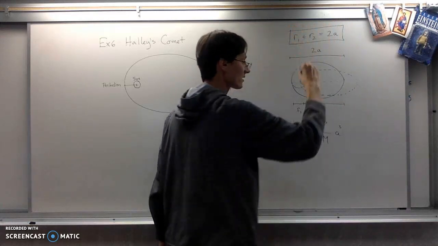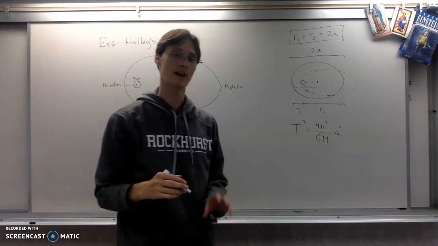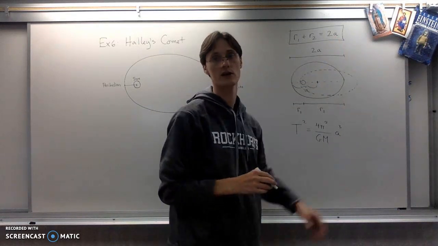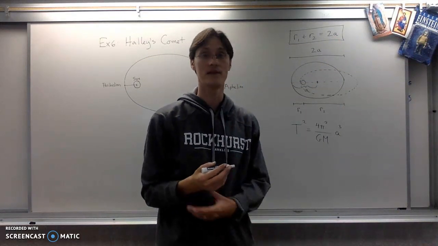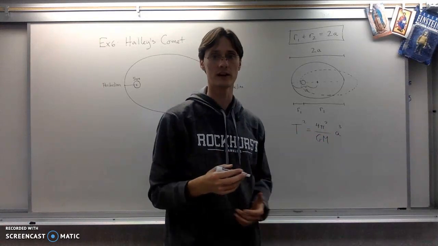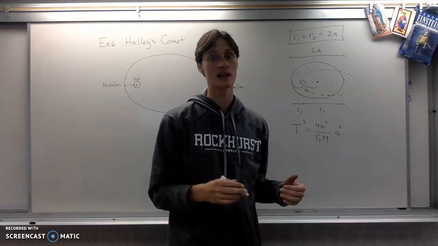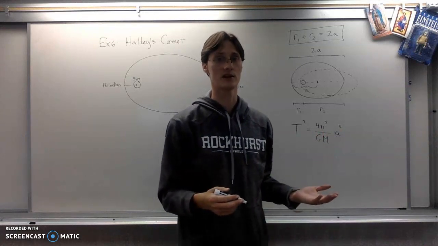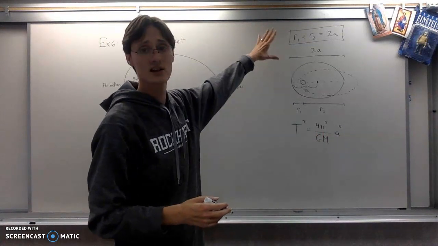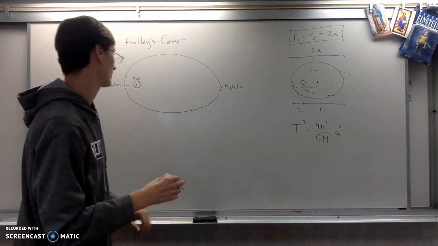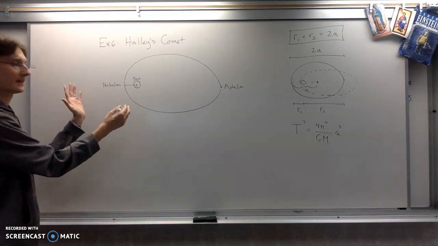Useful geometry fact, because if I know both distances, then I should be able to solve for the semi-major axis, and then I can find the orbital period. We can also go the reverse of that whole process, which is exactly what example 6 is going to do, but you had to know that geometric fact in order to do anything else in this question. All right, so now, example 6.